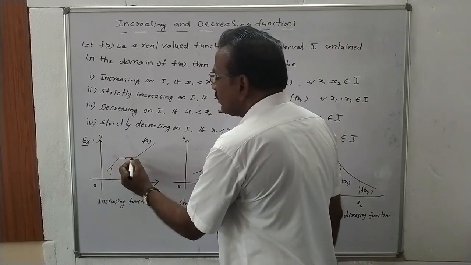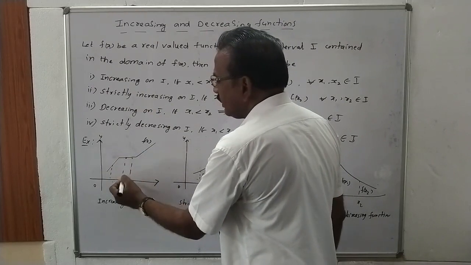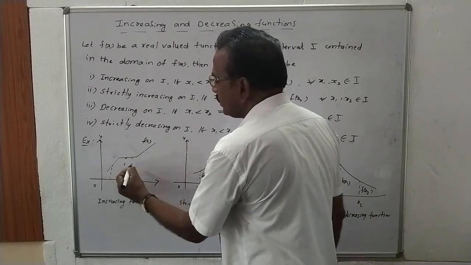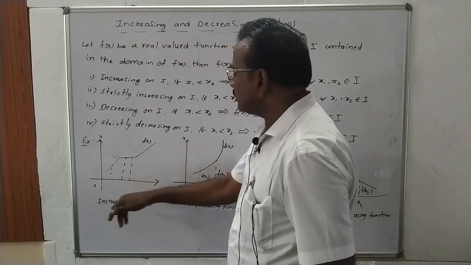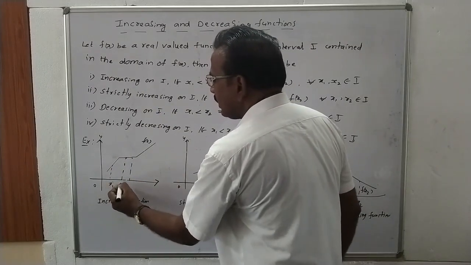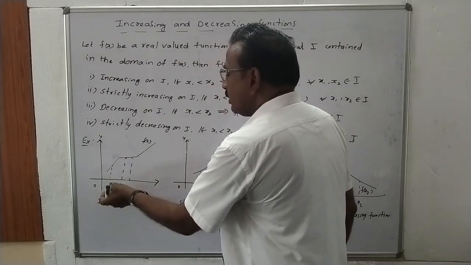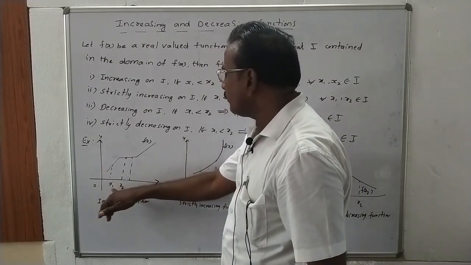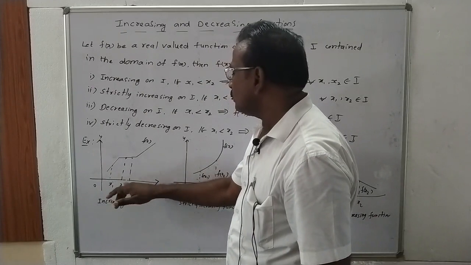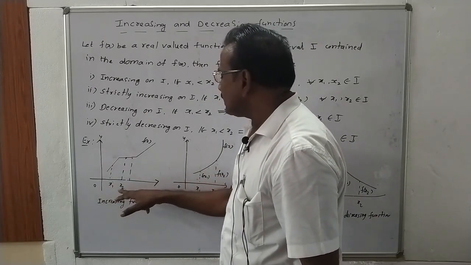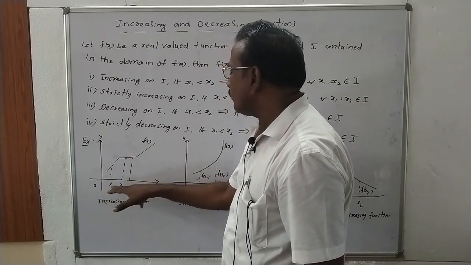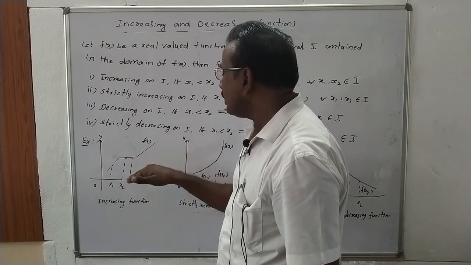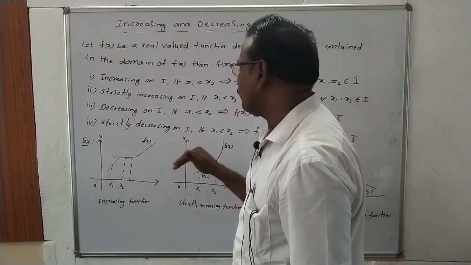Sometimes they are equal: the height of the graph at these 2 points is the same. So sometimes the height of the graph at x1 is equal to the height of the graph at x2. Or if x1 is less than x2, f of x1 is less than or equal to f of x2.